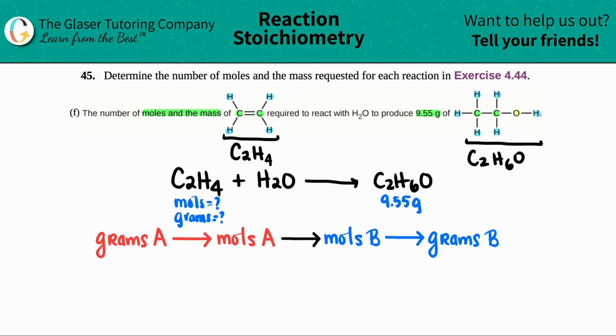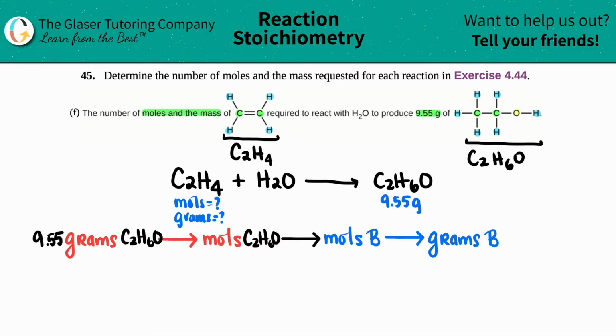Because I'm not going to have enough room, I'm going to pull this out, and maybe pull this out as well. I think now I might have enough room. So I have 9.55 grams of, not A anymore, but specifically C2H6O. I can go from grams to moles of that compound, C2H6O.